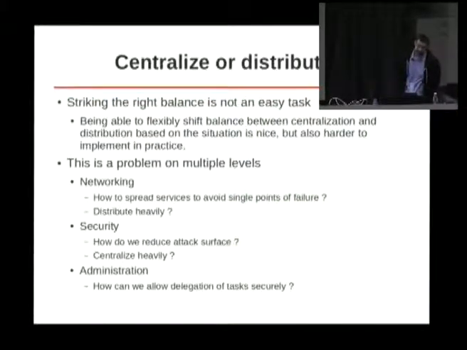And finally, centralization and distribution also affect administration. You generally might want to be able to delegate tasks to multiple people, and that's a way of distributing the tasks. However, to perform some tasks, you might need quite high privileges.